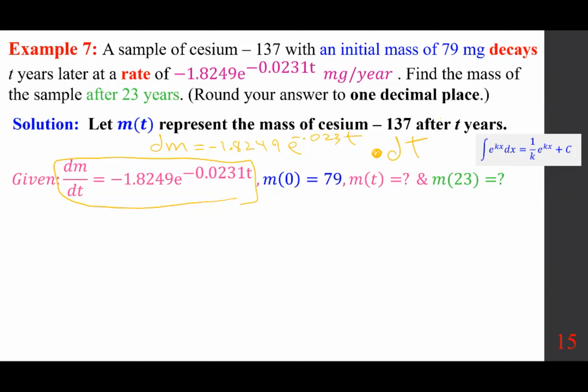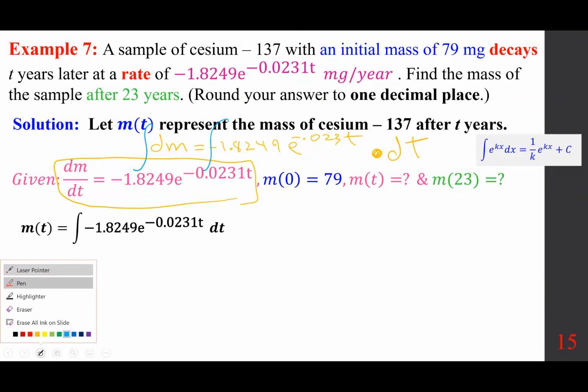And we are going to integrate both sides. So if I integrate this side and I integrate this side, the left side becomes m of t. This is a simple integration because it's an exponential function. This is a number, so it doesn't matter if it's inside or outside the integral sign.